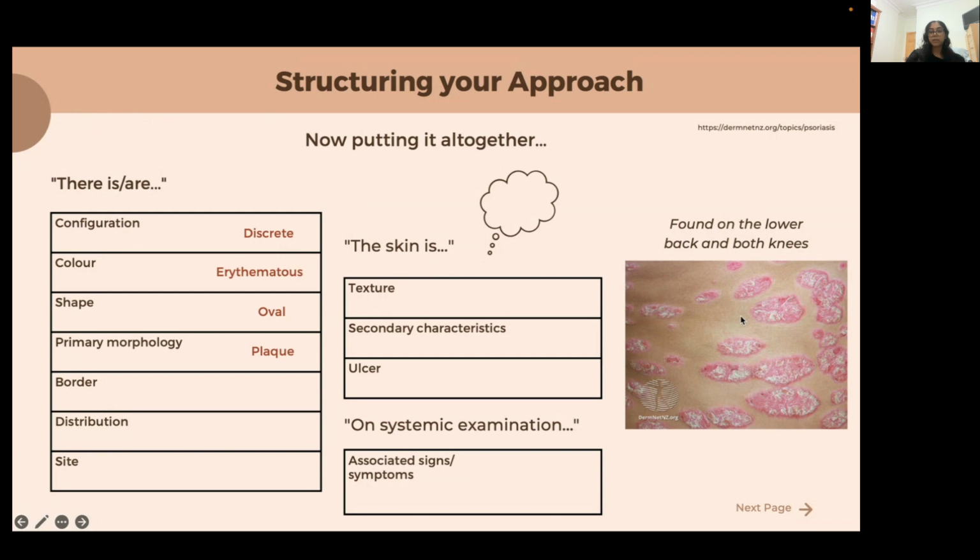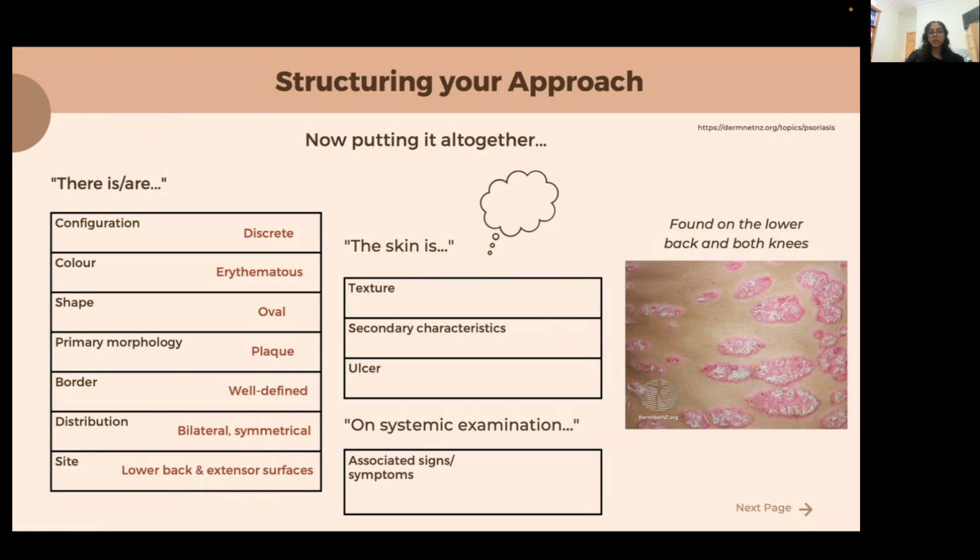And they're plaques because the diameter is more than 10 millimeters, and when we palpate it, it's raised, we can feel it. The border is well defined, and we know it's on both the knees, so it's bilateral, and we can't see from the image, but it's symmetrical as well. And it's on the lower back and on the extensor surfaces.